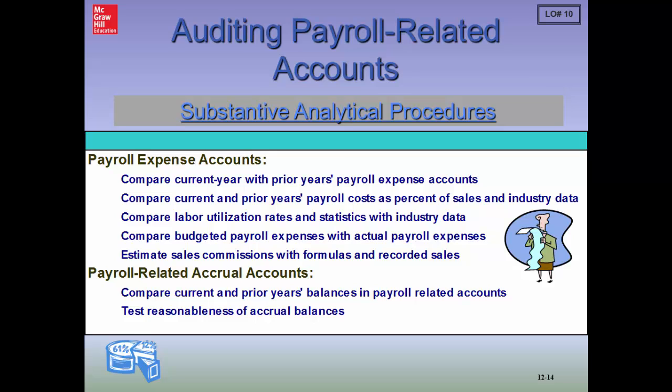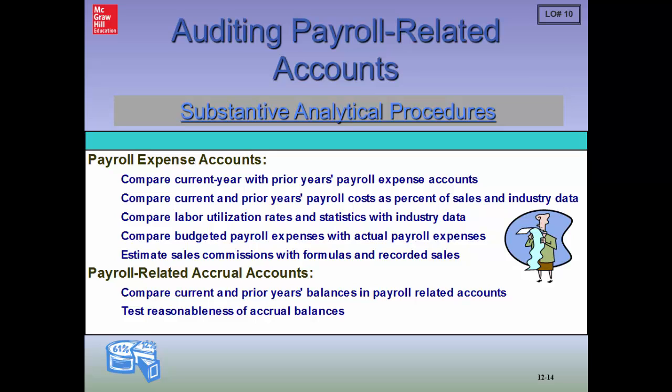Some of the tests that we might want to consider are comparing current year with prior year payroll expenses, and comparing current and prior year payroll cost as a percentage of sales and industry data. We also would want to consider the number of hours worked and the total payroll, do a quick division, determine the average hourly rate, compare this from year to year and period to period, and we should see a very definitive trend.